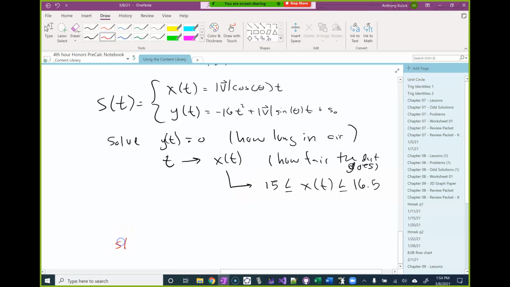So if I plug all this in now, I have x of t equals 30 cosine 70 t, and y of t is going to be negative 16 t squared plus 30 sine 70 t plus 5.